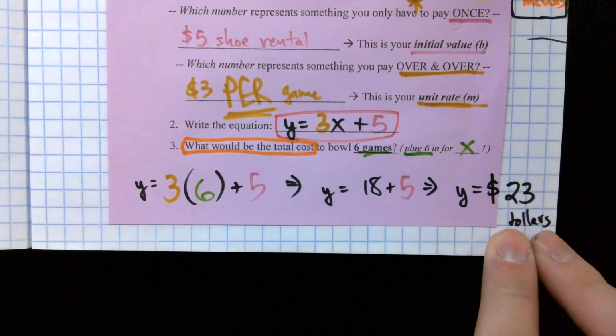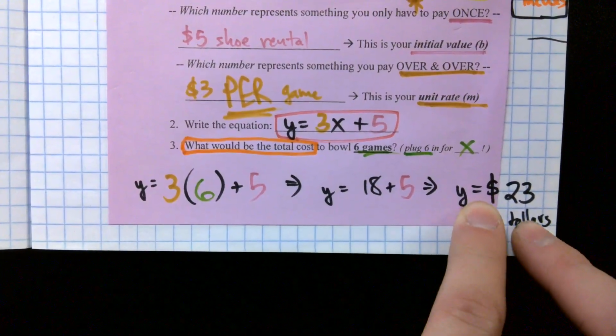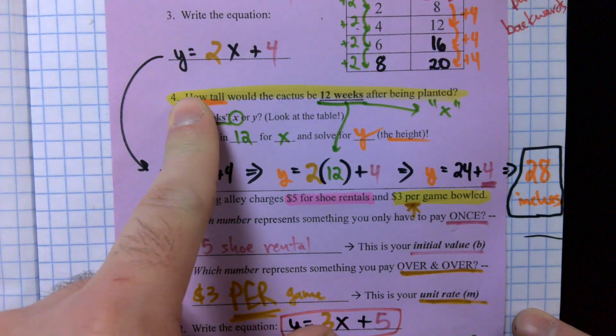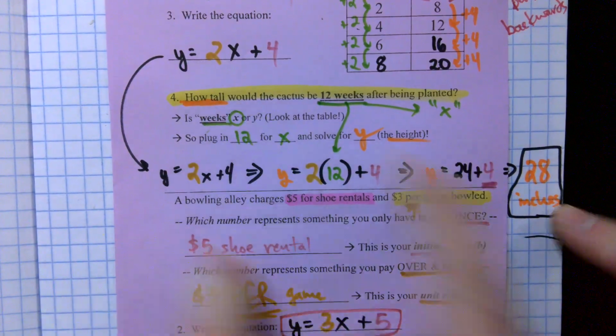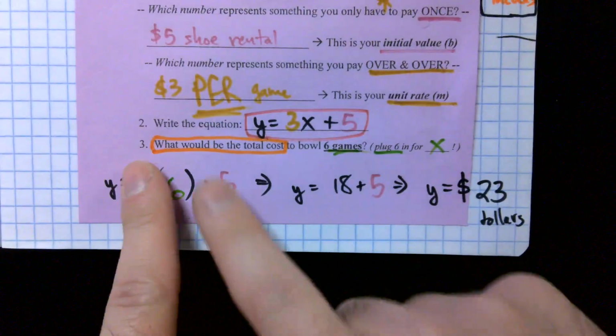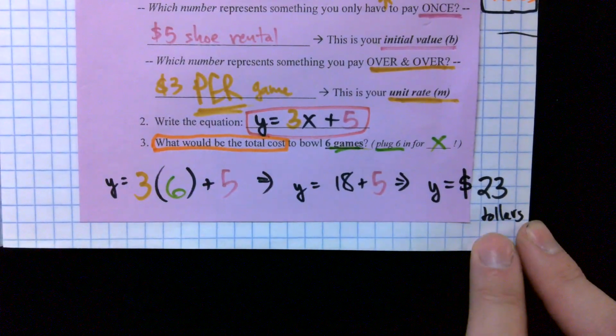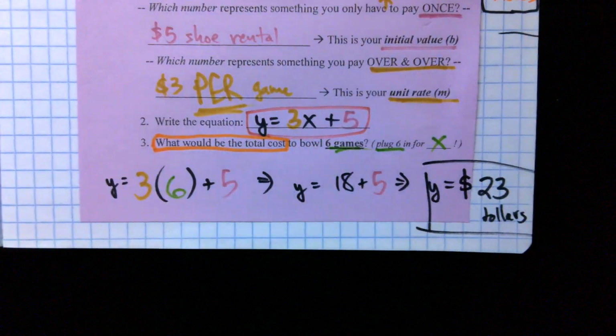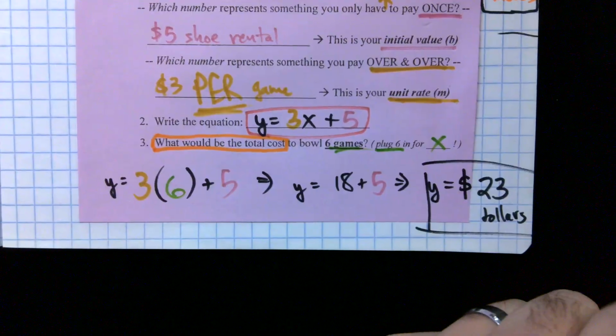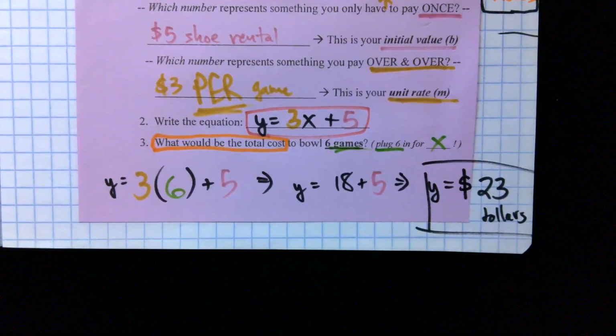So my answer must be in terms of money, if it's asking for the cost. If it's asking how tall, my answer must be in inches. How tall? Inches. What's the cost? It's going to be in dollars. So if you ever forget or are confused on what your units need to be, just read the question again. That gives you a lot of information.